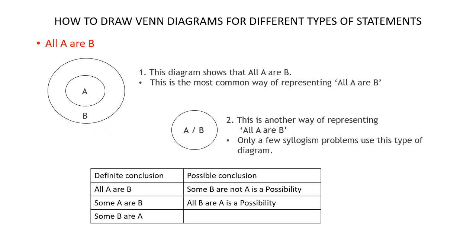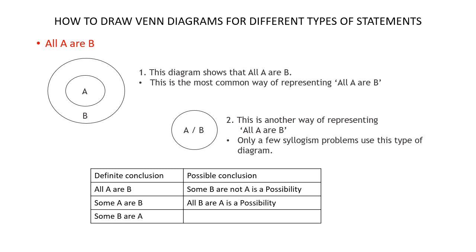As you can see here, circle A is completely within circle B. This indicates that all A are B. Now here, circle A is the smaller circle and circle B is the larger circle. Here B has at least one element more than A.